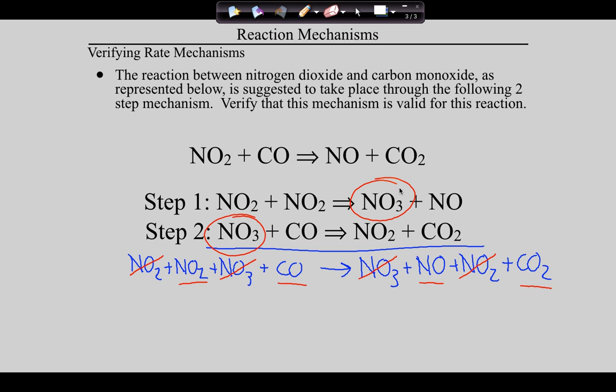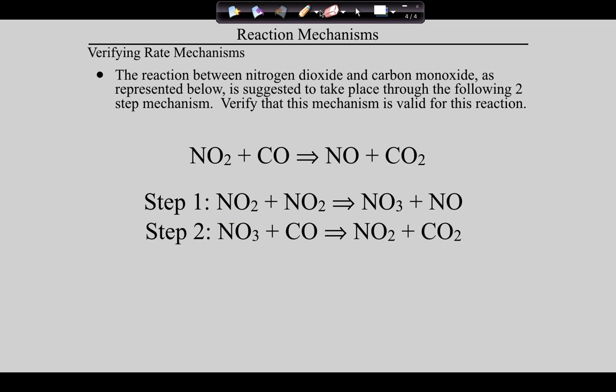Okay. Now, guys, we've talked about step number 1. Now we need to talk about step number 2. Verification step number 2 says this: the rate law for the overall reaction is the same as the rate law for the rate determining step. And guys, in order to make that comparison, we need to know the rate law for the overall reaction.